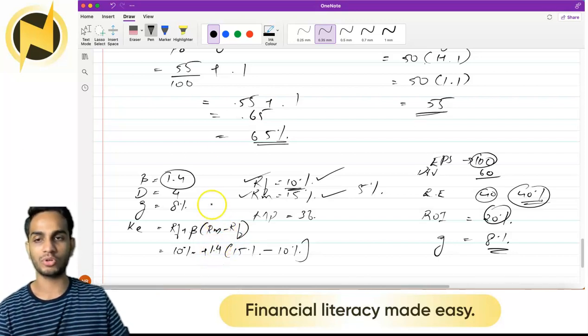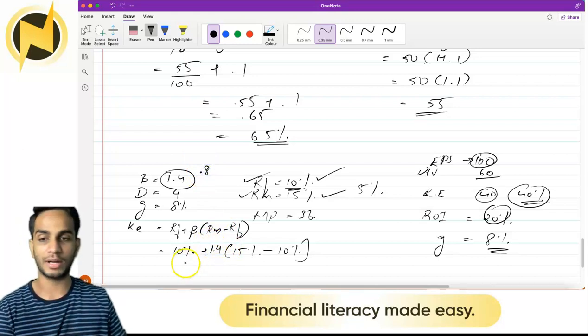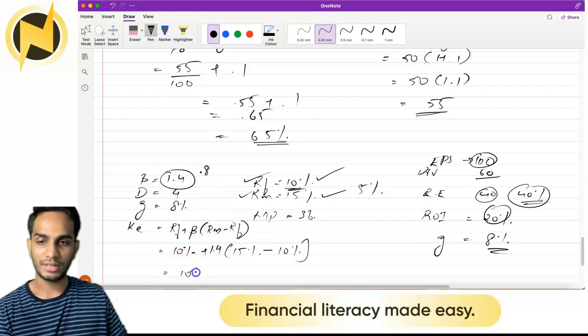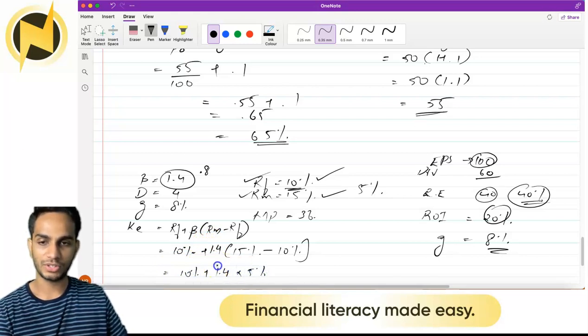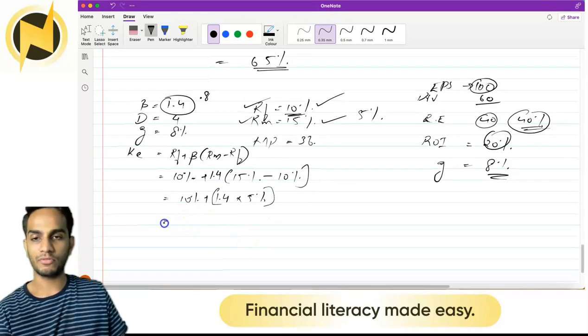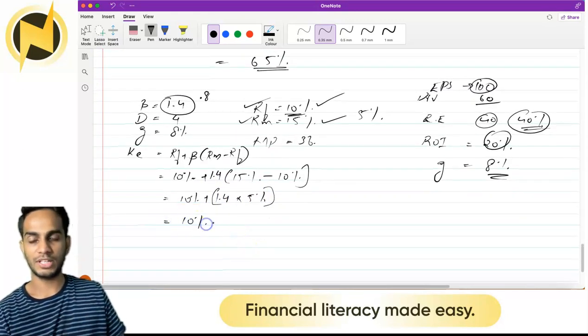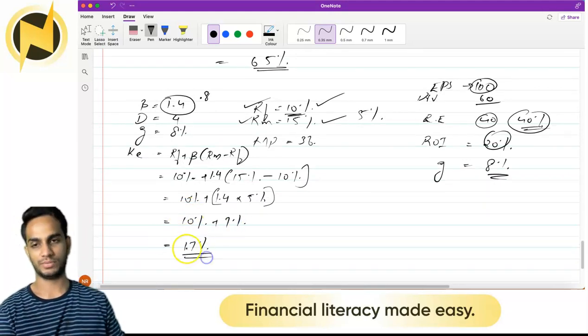If it had been beta 0.8, that means the company is not performing as well as the market. So what will be the answer here? 10% plus 1.4 into 5%. Yes or no? 10% plus 1.4 into 5%, that will be 10% plus 7%, that will be 17%.